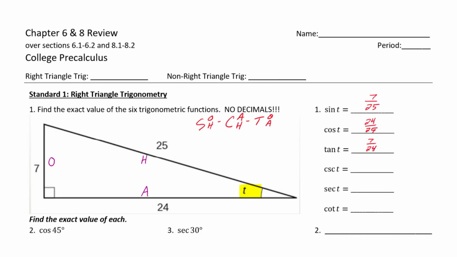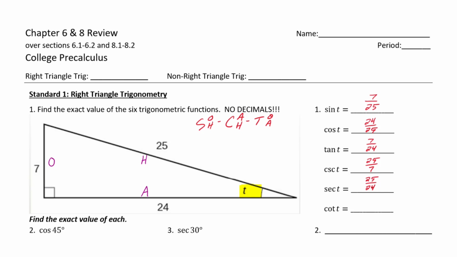The other three, which are a little bit newer for all of us, are just the reciprocals of each of those. So sine's reciprocal is cosecant. So if sine was 7 over 25, cosecant must be 25 over 7. Secant is the reciprocal of cosine, so since that was 24 over 25, this must be 25 over 24.